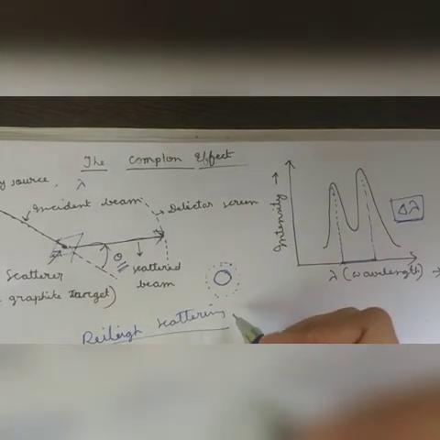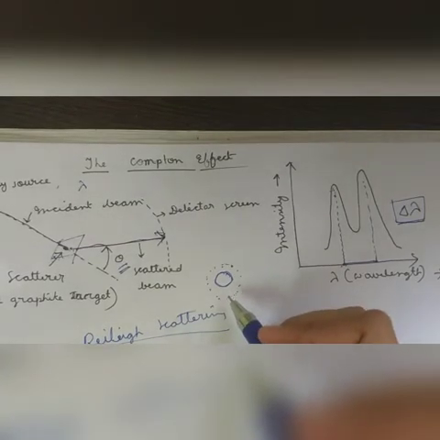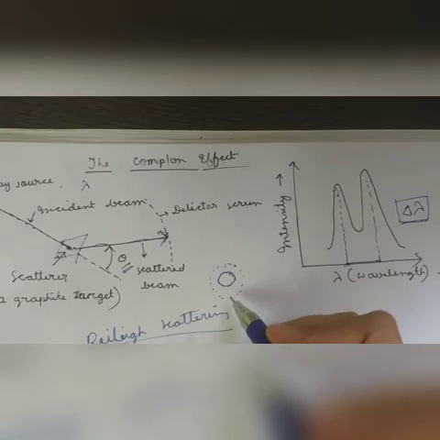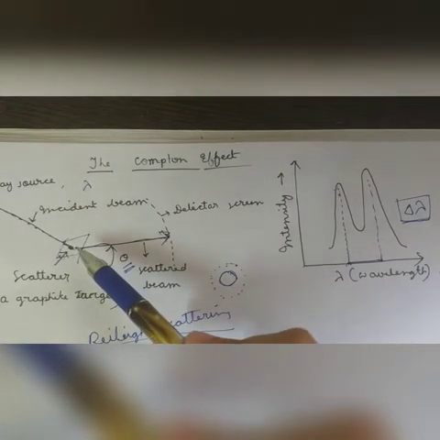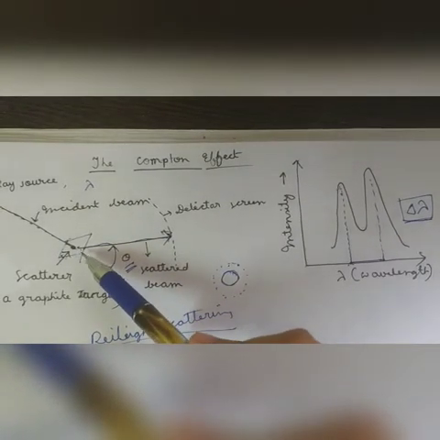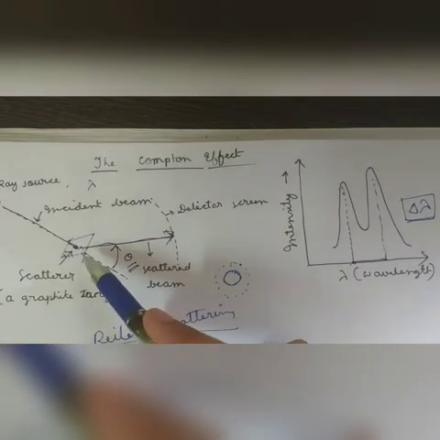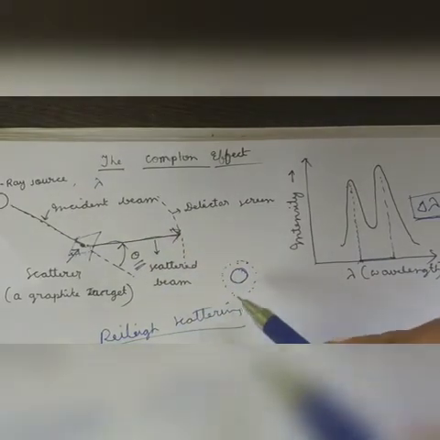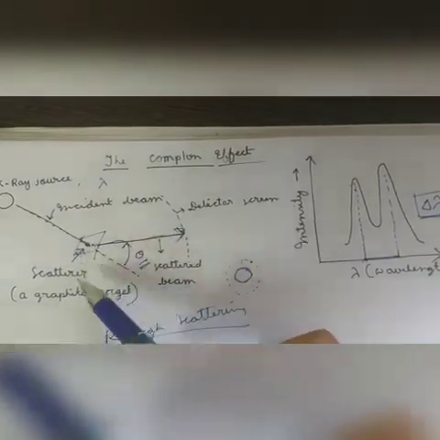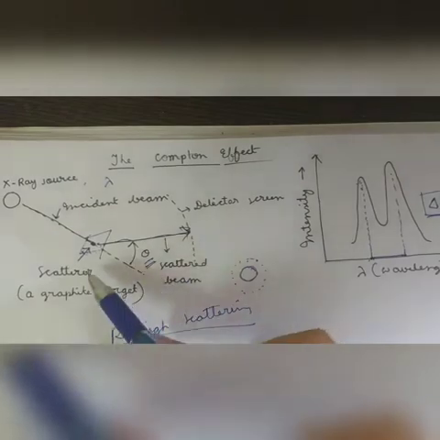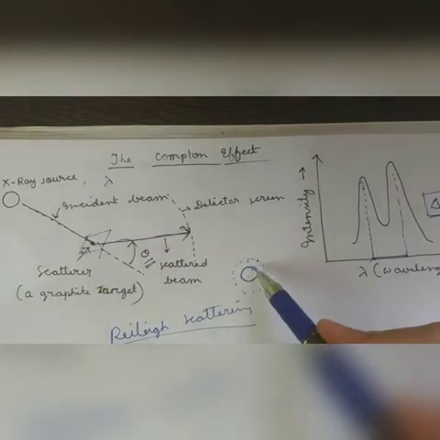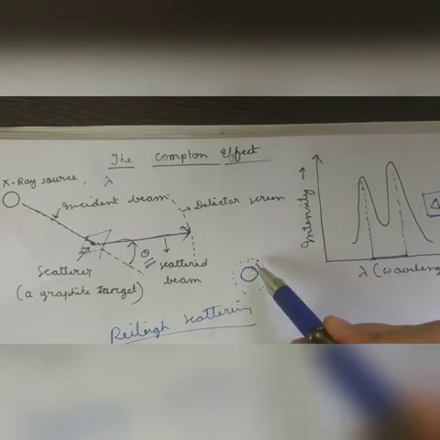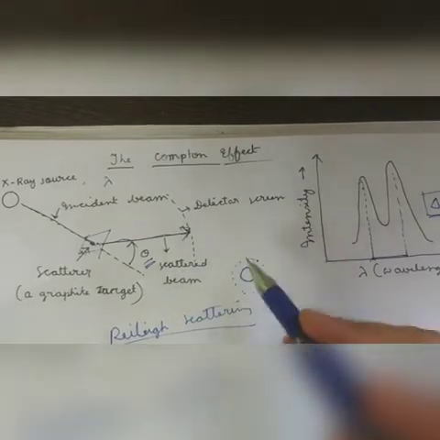According to Rayleigh, at that time light was considered to be waves only. So these waves are incident on the scatterer with a particular frequency and with particular energy. What the light waves do to the atoms of the scatterer is that they cause oscillating accelerations to the electrons of the constituent atoms.